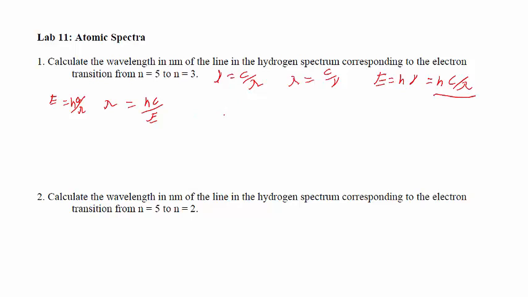It is 2.18 times 10 to the negative 18th, the energy of the photon, times 1 over 3 minus 1 over 5. That's going to give us a positive number.